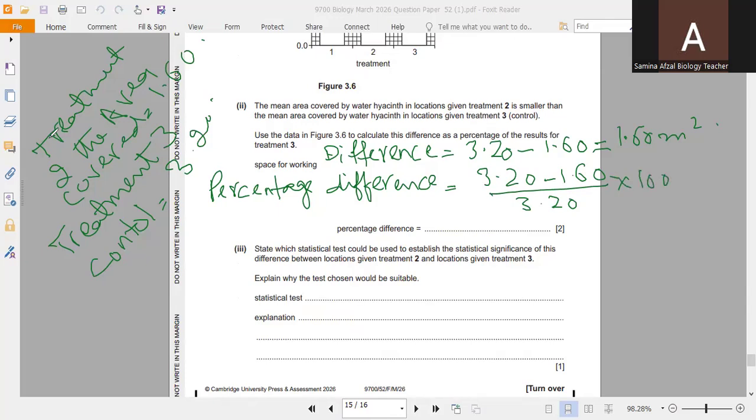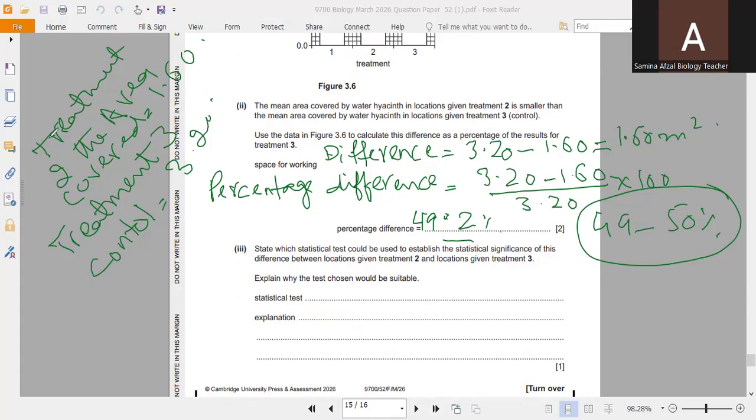This is the formula to find this percentage. The answer can be 49.2%, or between 49 and 50% can be the correct answer. So it is acceptable if it is between these two values.